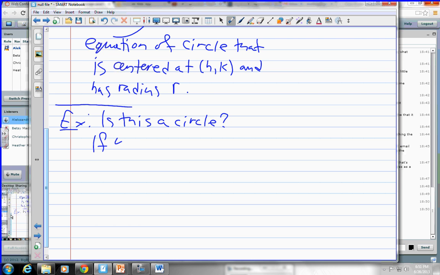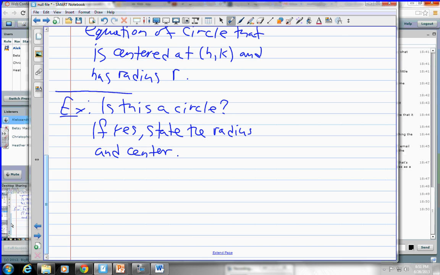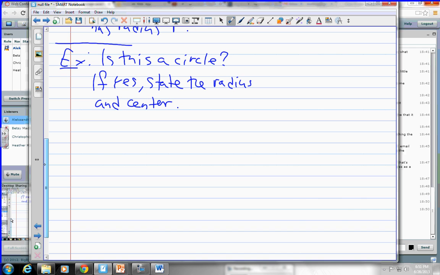And if yes, state the radius and center. So I'm going to write this. X minus 1 squared plus y plus 2 squared equals 4.